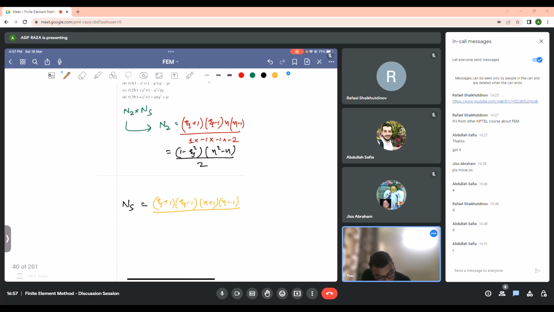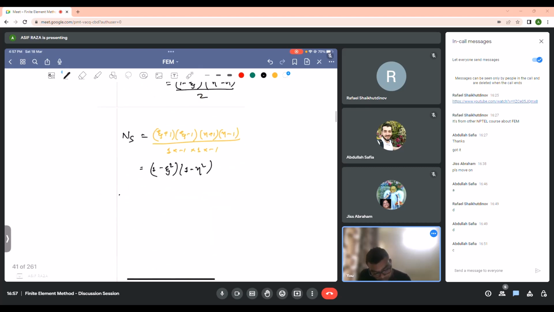So this is 1 times minus 1, and this is 1 times minus 1, so you can write it in a more simplified way. This is (1 minus xi square)(1 minus eta square).